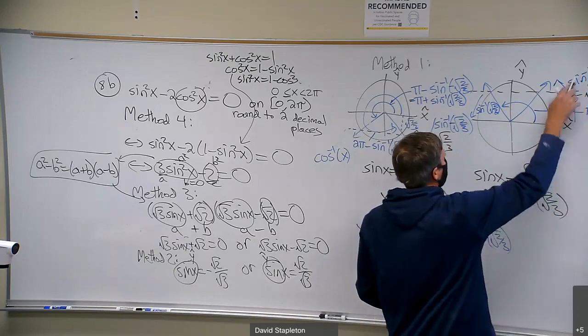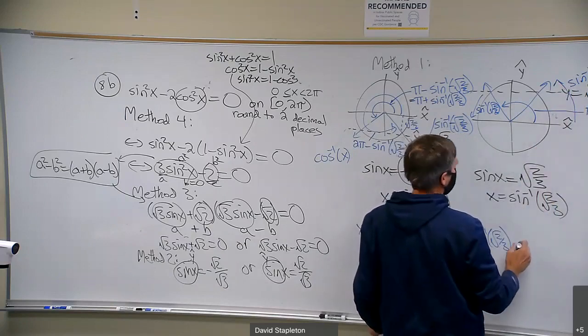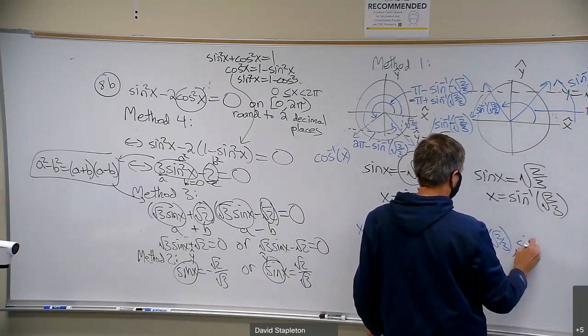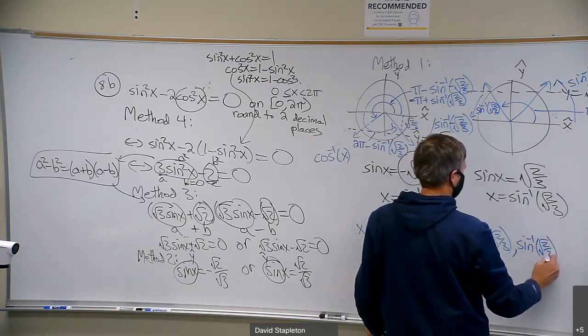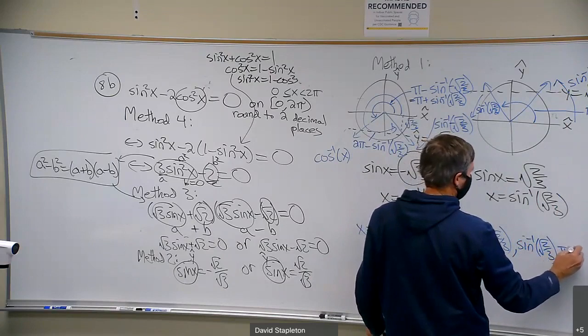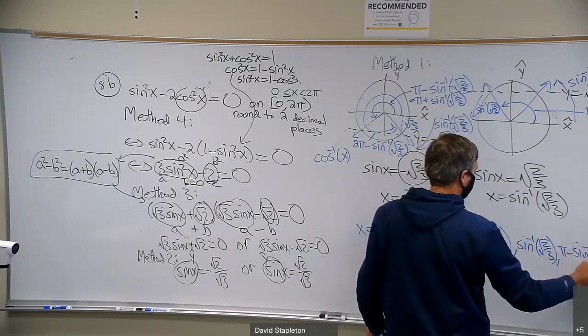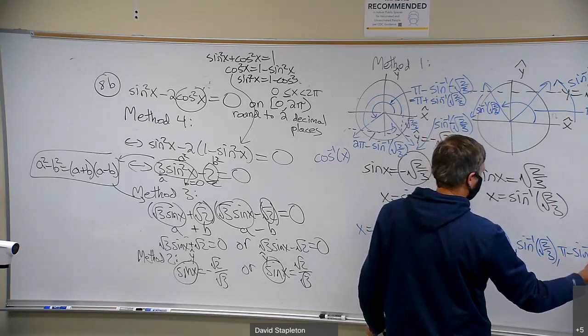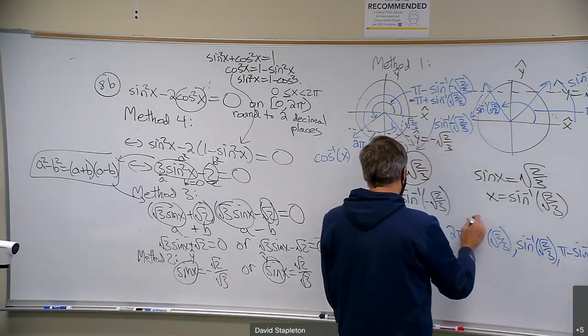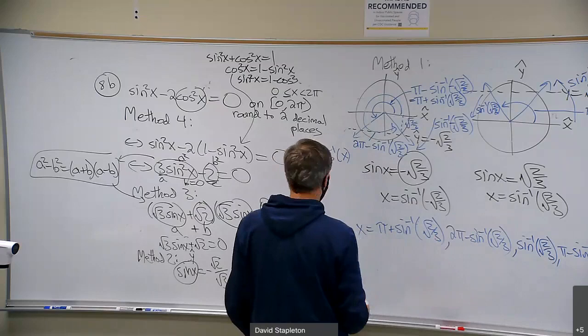There we go. These are the two angles that are solutions to this one: arcsine of square root 2/3, and pi minus the arcsine. Four solutions exactly.